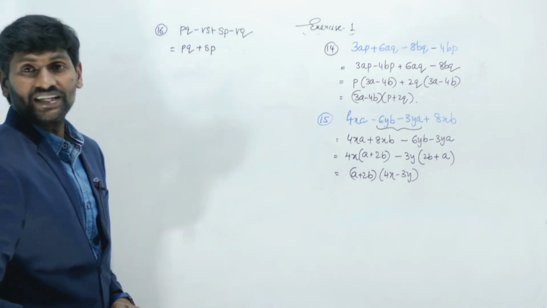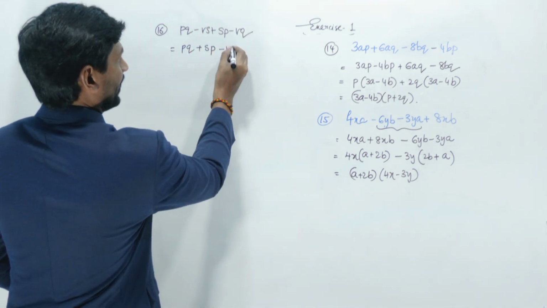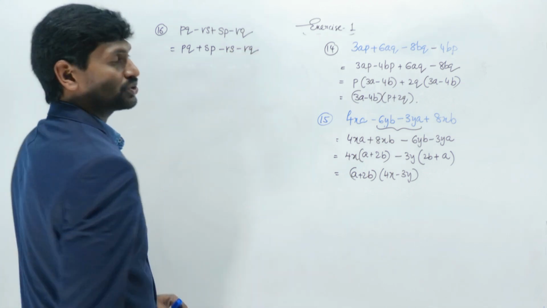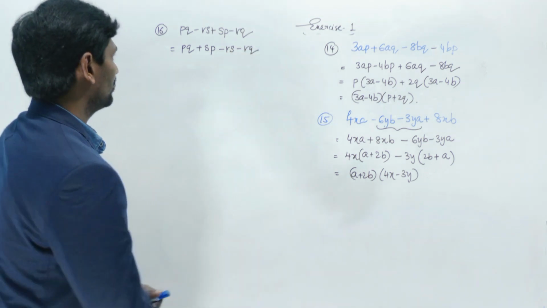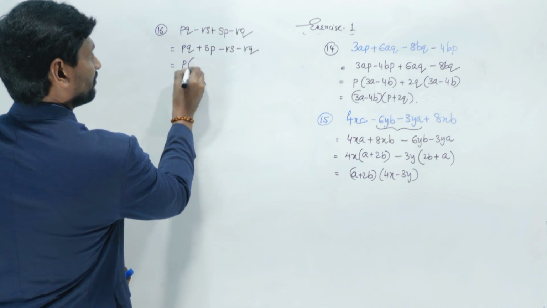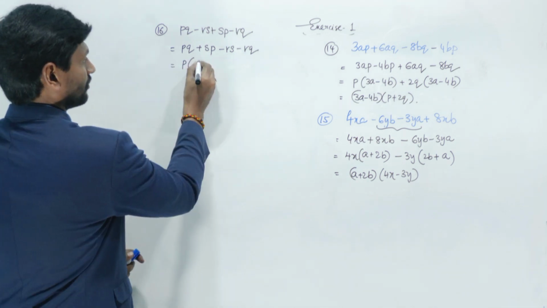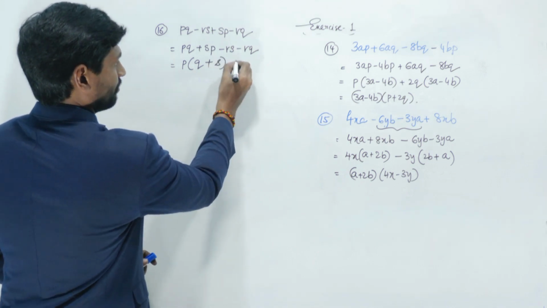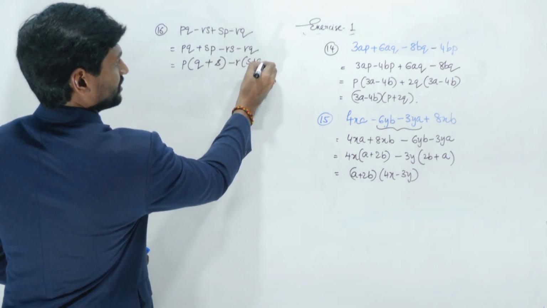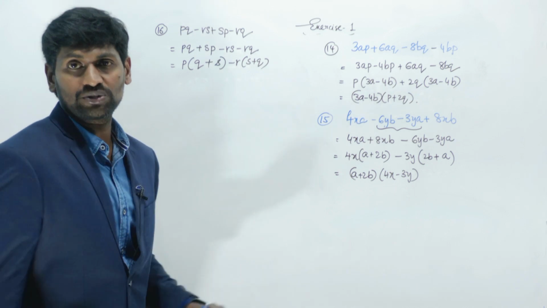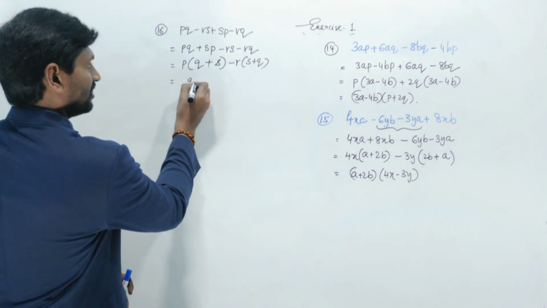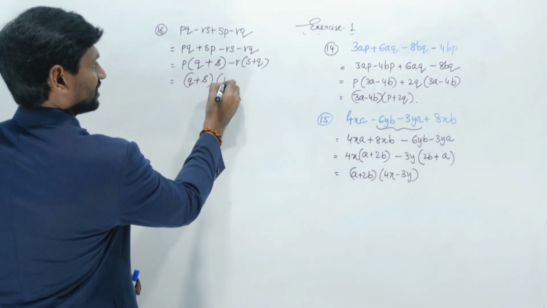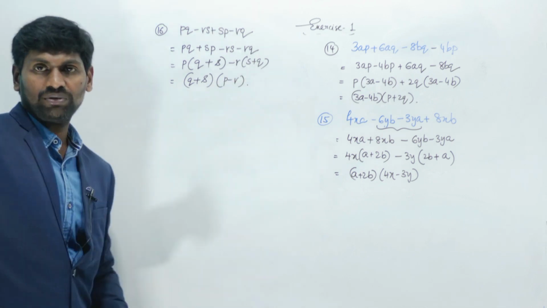So PQ plus SP minus RS minus RQ. Positive terms together, negative terms together. So from the positive terms I can identify P is a common term. What is remaining? Q plus S. Here minus R is remaining, S plus Q. Q plus S, S plus Q are common factors. We can take Q plus S, then P minus R will be the remaining factor.